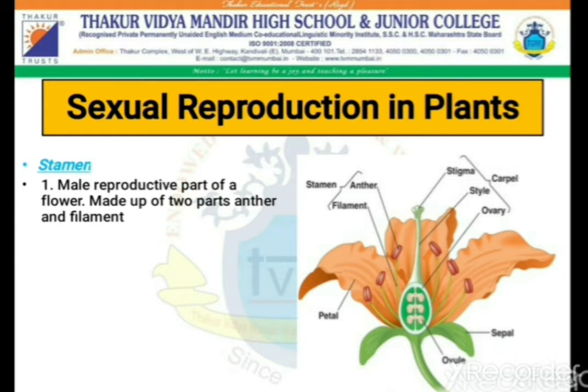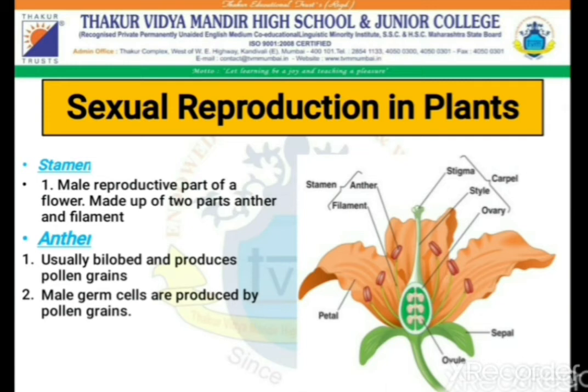Next to that green color part, the six small elongated parts which you can see surrounding it, those are called stamens. The first part is called anther. Anther is bilobed and it produces pollen grains. These pollen grains are called male gametes or male germ cells.